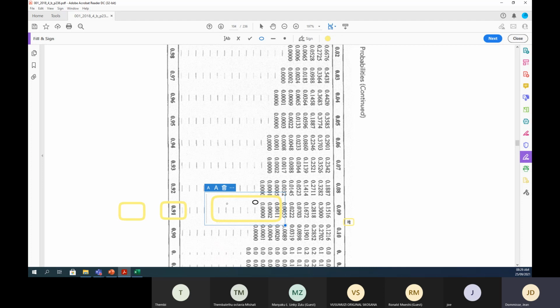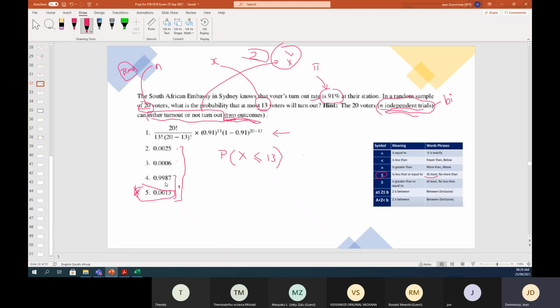So the only mistake we could have made then is if we said the more than. So if we did the other way around, we would have gotten the opposite, the 0.9987. So if we used it that way around, we would have gotten the other number.